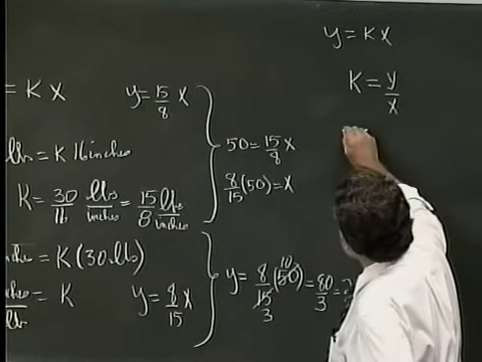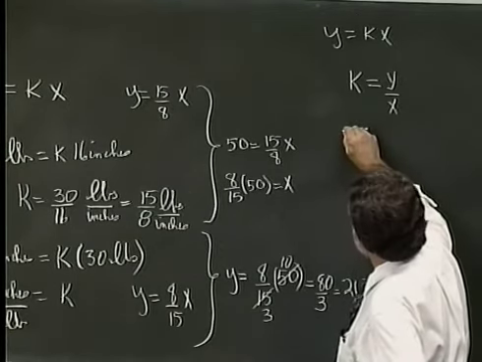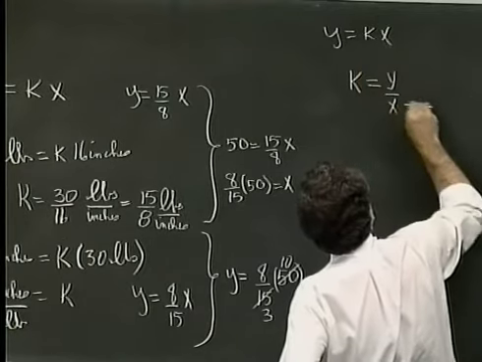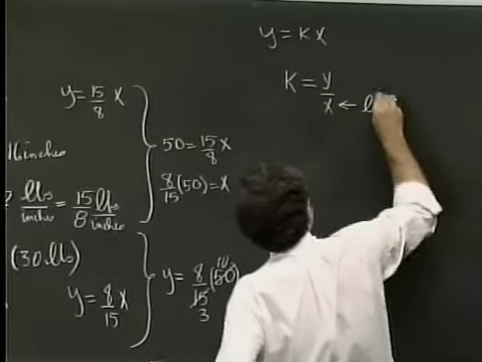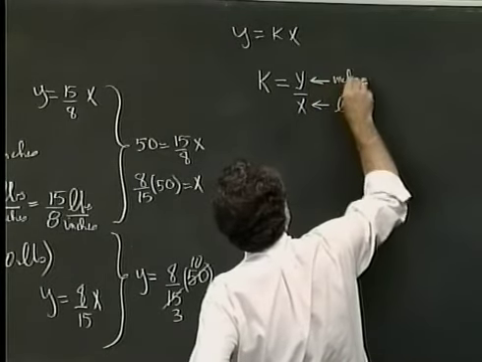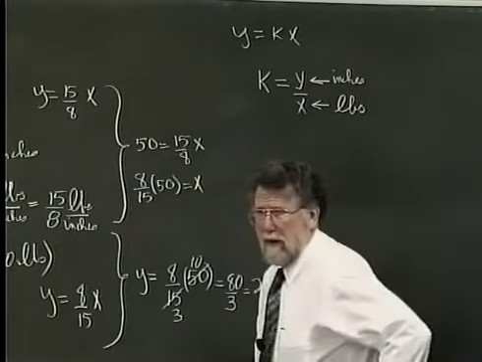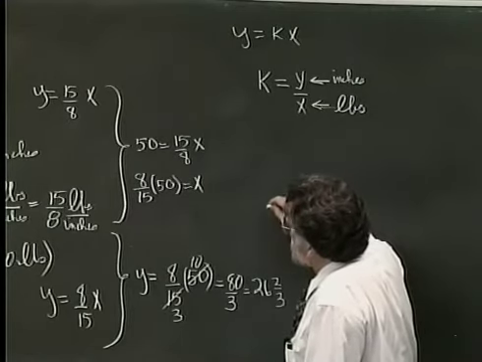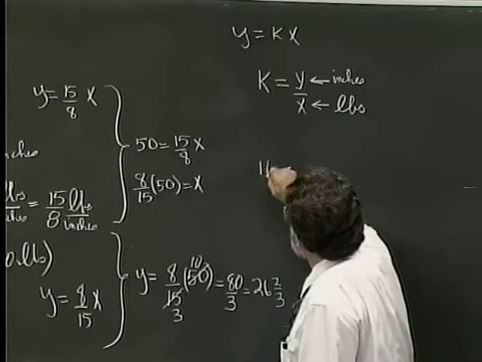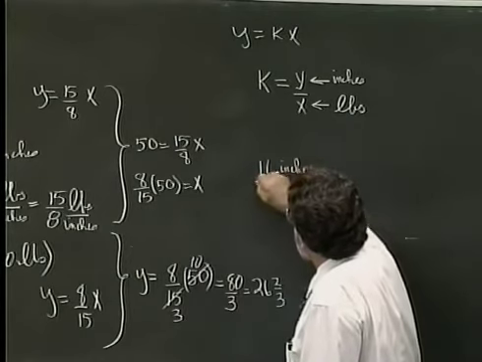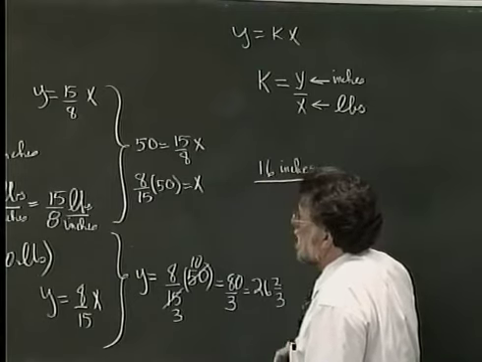So I could say that if I'm going to, again, keep this in mind, this is going to be where x is going to be my pounds, and y is the number of inches. This problem could be done by saying that 16 inches over 30 pounds.